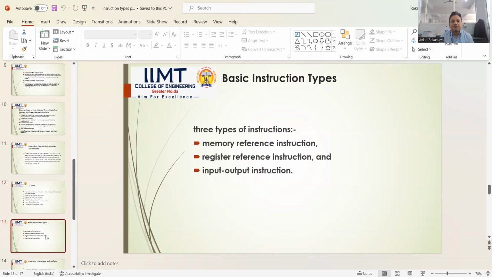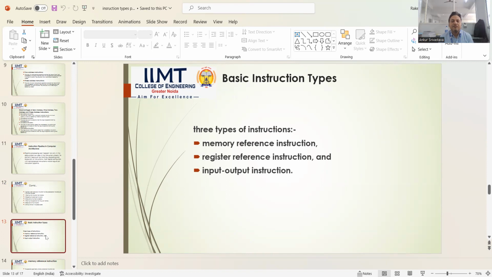Now we will see the next slide of basic instruction types. In terms of reference, we also have three types. Sorry, not memory types, basic instruction types in terms of the reference part.